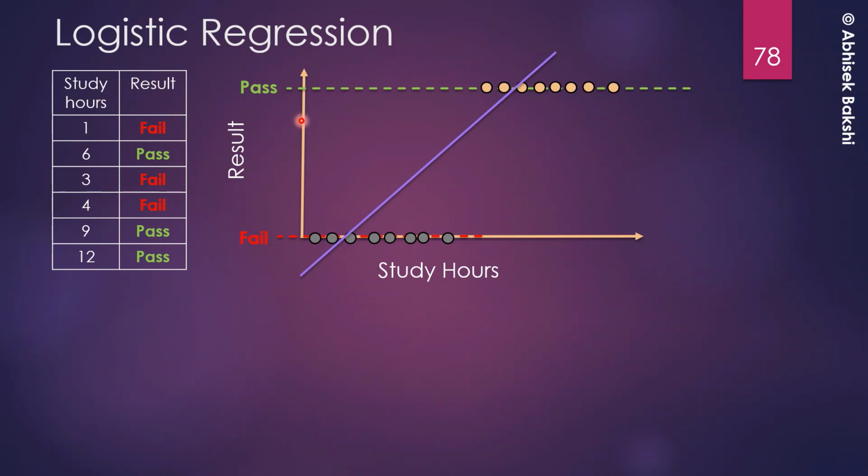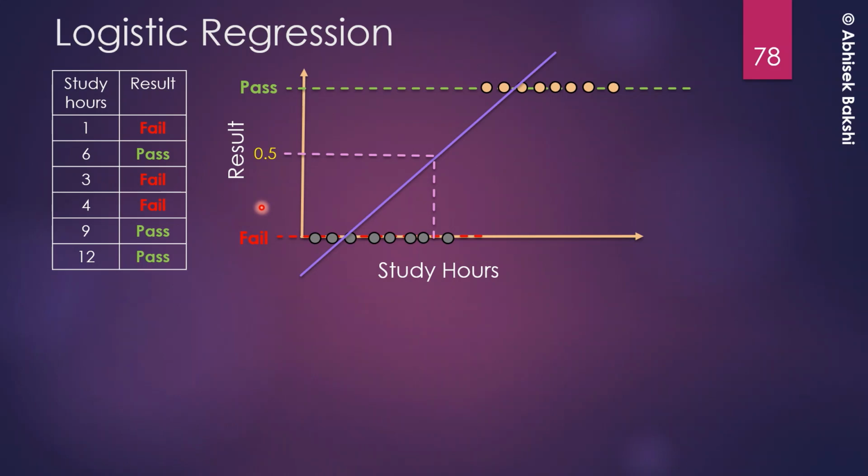So obviously this particular solution is not very good, but just for the time being, in very layman terms, we can try to find a solution something like this, right? It's just an assumed situation. So this is the 0.5, which is the boundary. Above this is pass and below this is fail, something like that.